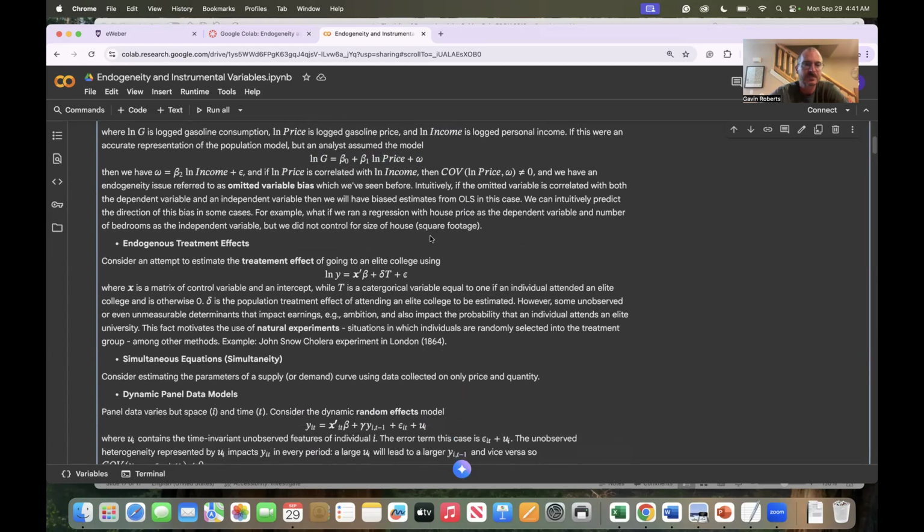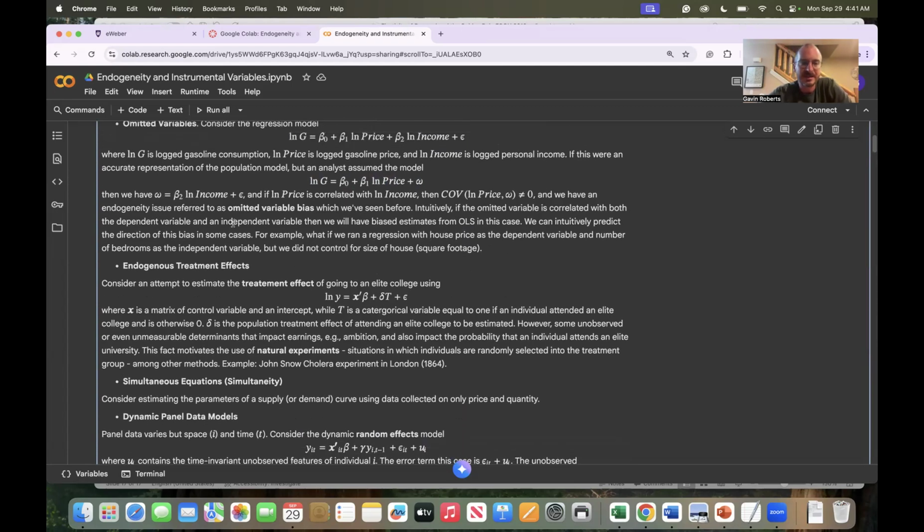Okay. So now maybe the price of gasoline is correlated with income, like places like maybe San Francisco where income is relatively higher, gasoline is also relatively higher, and places where income is relatively lower, like rural Alabama, gasoline prices are also relatively lower. That would mean that the natural log of income and the natural log of price are correlated.